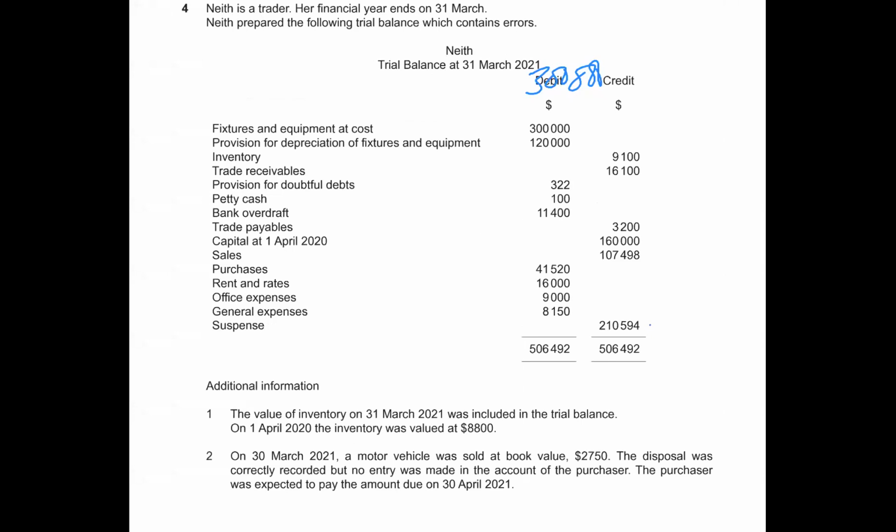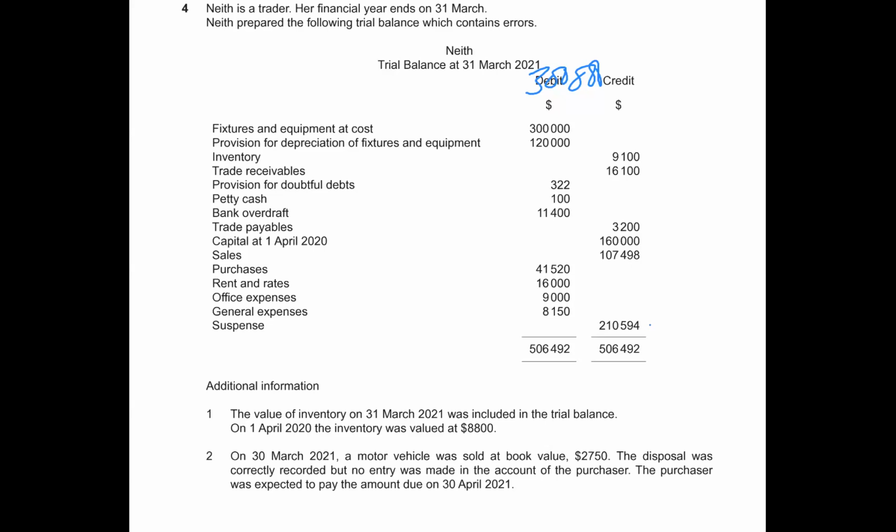The next element is the provision for depreciation of fixtures and equipment, 120,000. Look at this. The provision for depreciation is a deduction from the income. It should not be debited. Instead, it has to be credited. So you push this to the credit side. The provision for depreciation of fixtures and equipment, this 120 should go on the credit side.